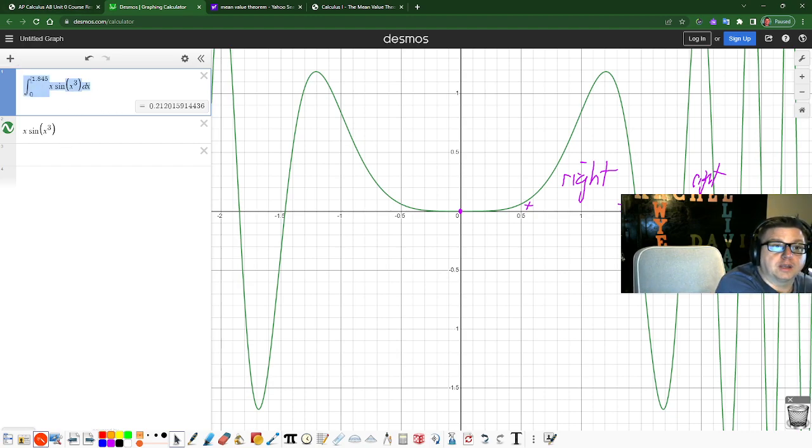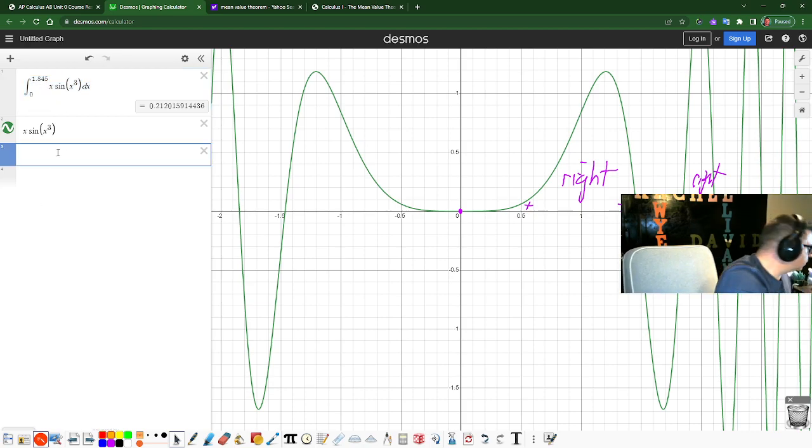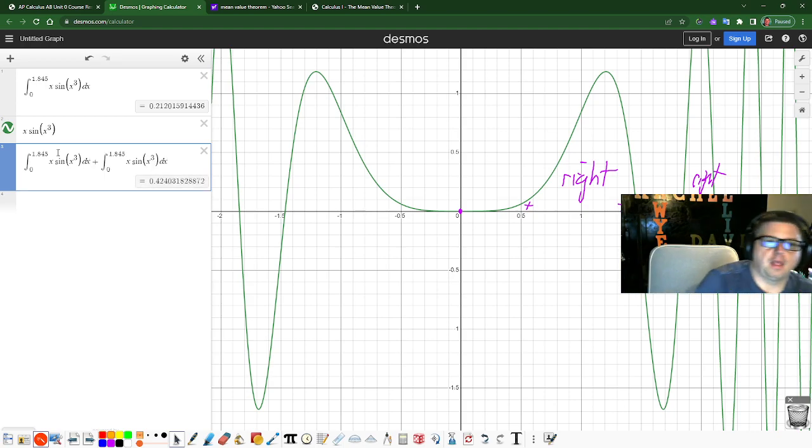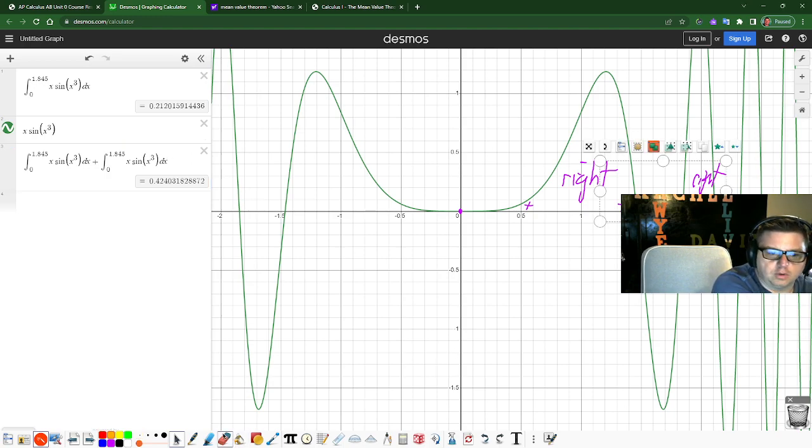So one of the ways we could actually break this up, if we wanted to get that, is we're going to paste it plus paste it. Okay. We are going to go from this value, whatever it is.